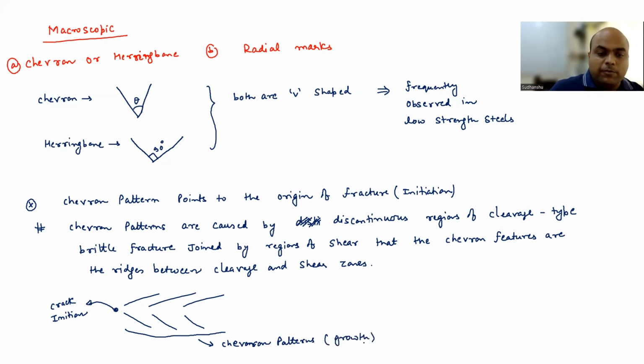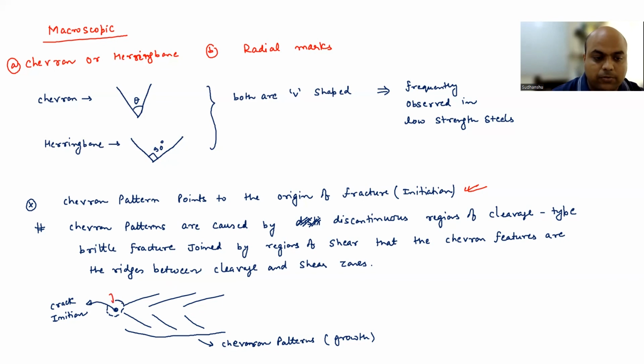So when you see the V-shaped mark, you should know that this is a chevron pattern. Also remember, this is a macroscopic feature, so these are large features. If this is a V mark, you know that the crack has initiated somewhere here, at the bottom of the V. That is the crack initiation point, and that is what I discussed in point number 1. So the chevron pattern points to the origin of fracture initiation.